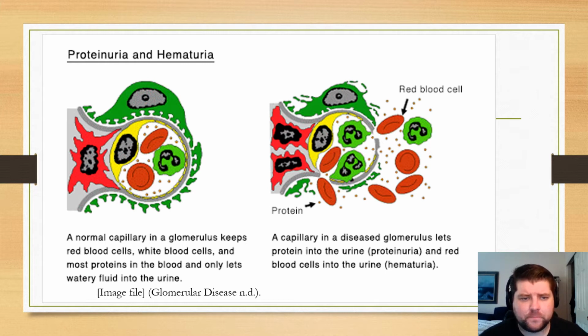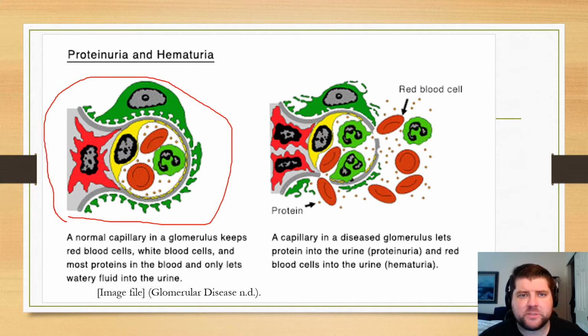In a normal glomerulus, here we could see, it keeps the red blood cells, white blood cells, and most proteins in the blood, and only lets out the watery fluid into the urine. However, sometimes those endothelials can be a little leaky, and there can be some breakage there, a diseased portion of the kidney.